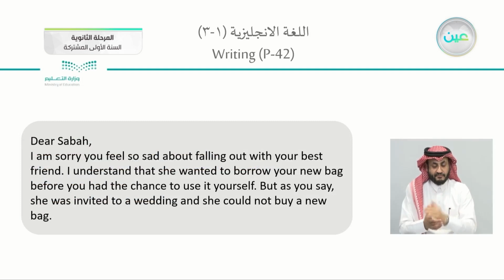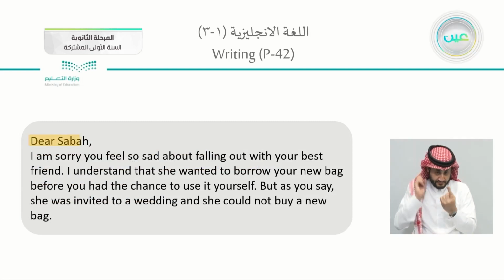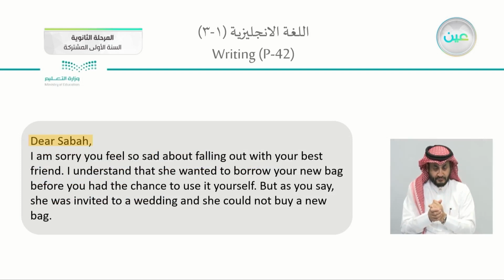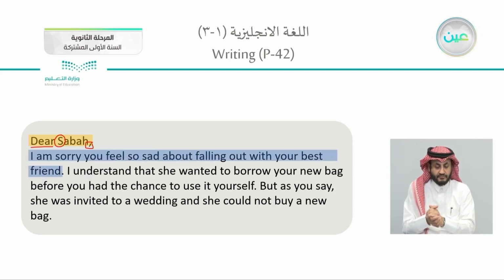Okay, let's take them one paragraph at a time. In the first paragraph, she started with Dear Sabah. To be more formal, we start with Dear, and notice after the name there is a capital letter, and we will have here a comma. Dear friend. Then she said, I am sorry that you feel so sad about falling out with your best friend.